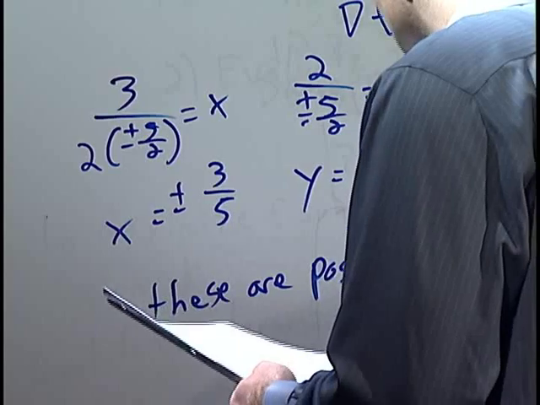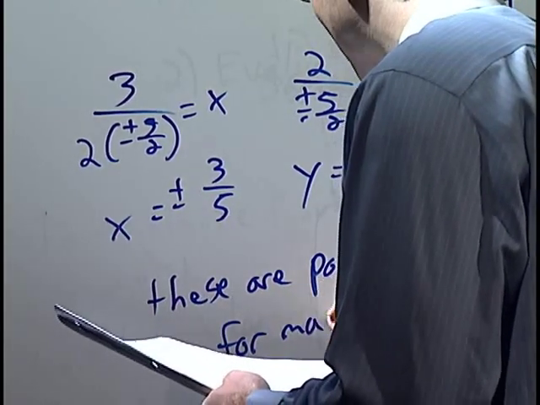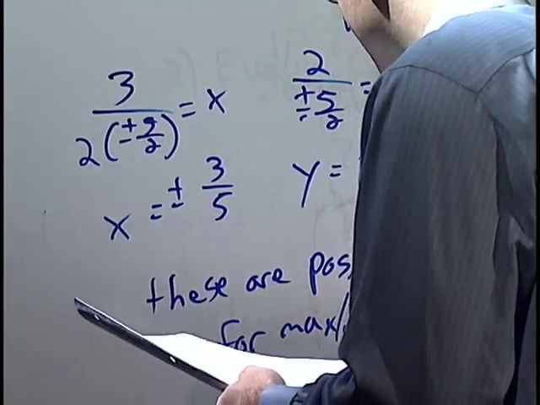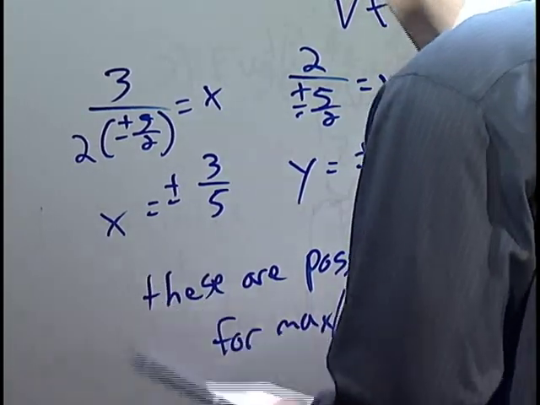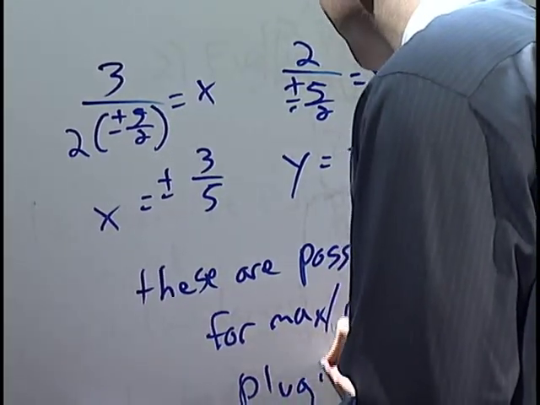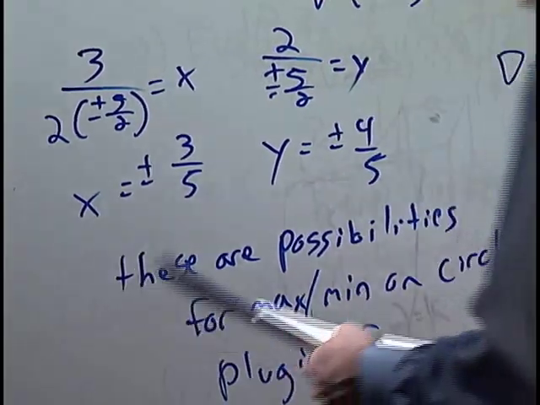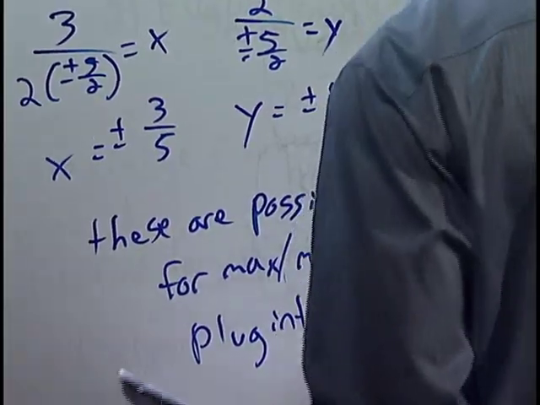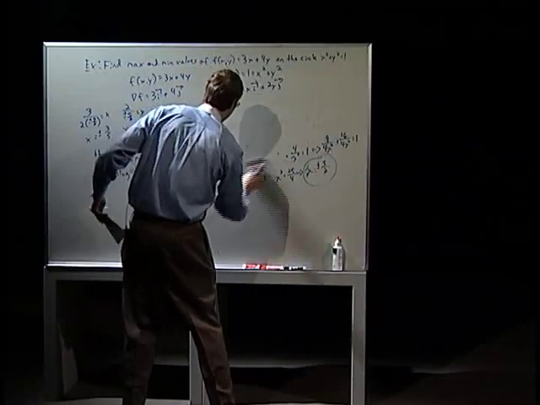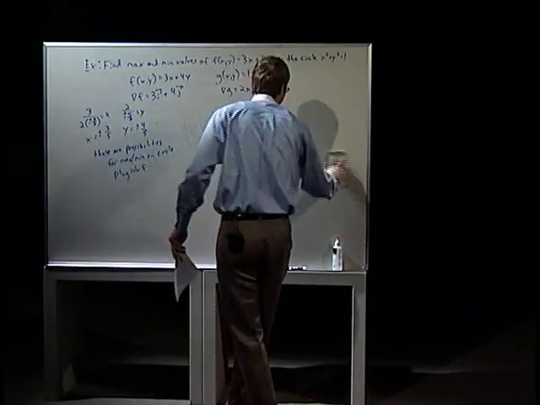Possibilities for max and min on the circle, right? So now let's plug into f. You don't need to really plug in here to see what's going on.